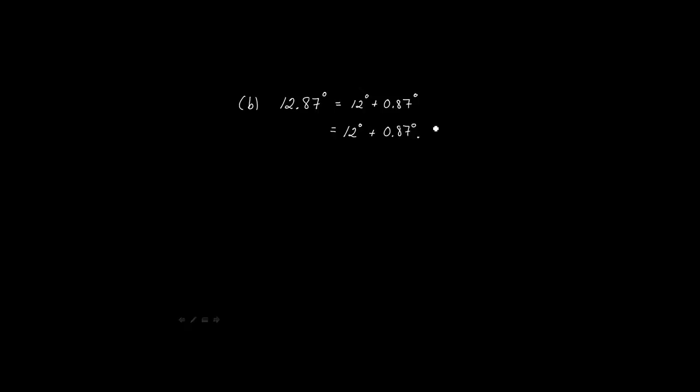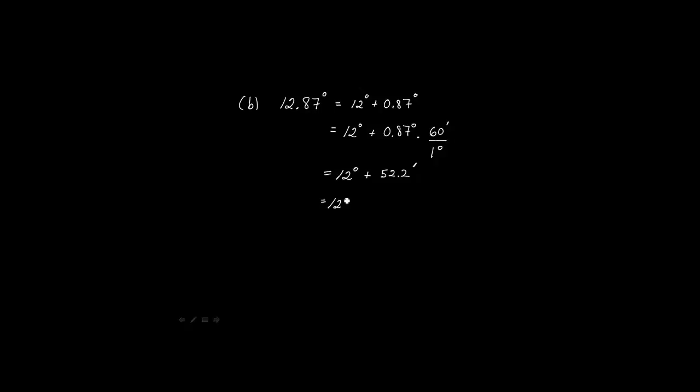Now I'm going to use a conversion factor to get minutes in the numerator and have my degrees divide out. So I have 12 degrees, and now perform the operation. 0.87 times 60. What do you get? 52.2, and that's now minutes. Agreed?